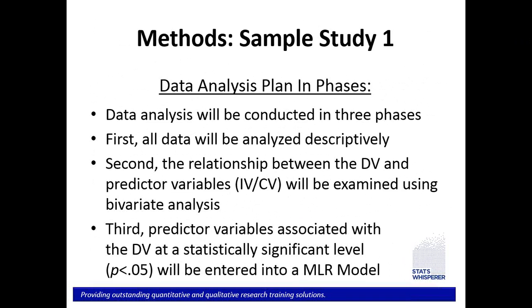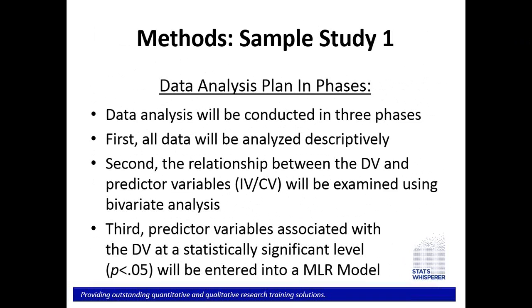So, the data analysis plan in phases, okay? So, data analysis, this is our reporting now. Data analysis will be conducted in 3 phases, right? First, all data will be analyzed descriptively. That's our univariate analysis, right? So that's right in the steps of data analysis, right?